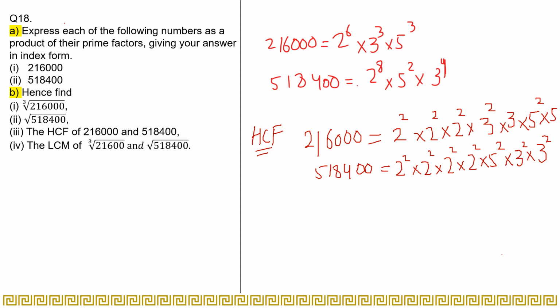I have this one, right? And I will use this pen. And then I have this one as common, and then we have 3 square also in both of these, and we also have a 5 square, right? And there is also one more 3.